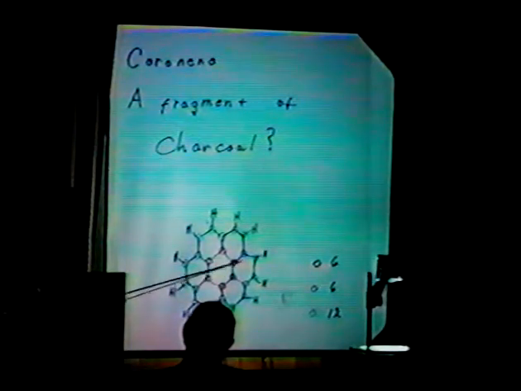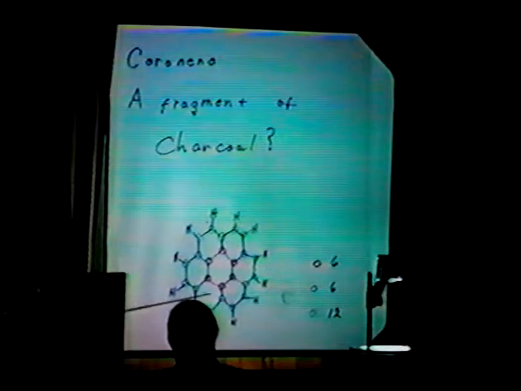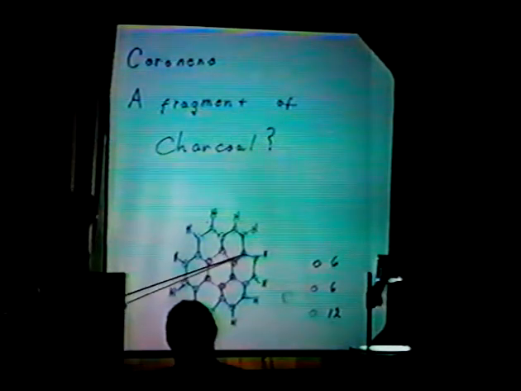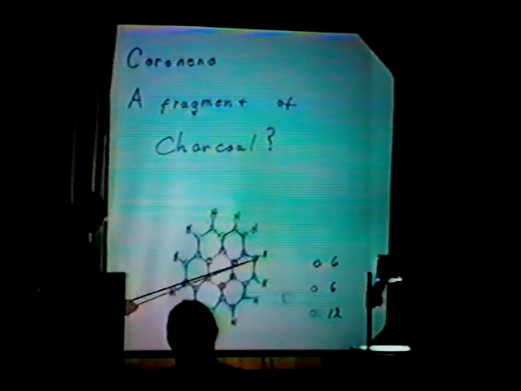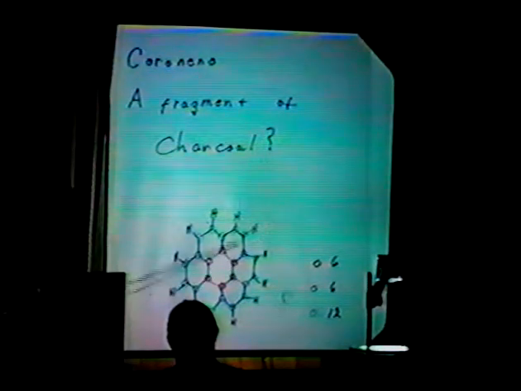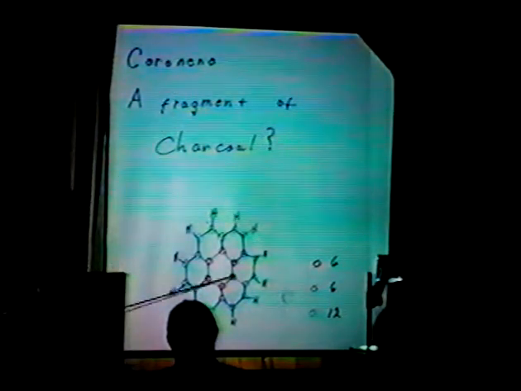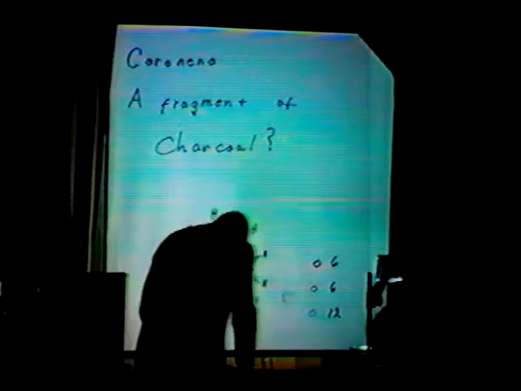If I'm going to say that the outside of the charcoal is 2 atoms thick, in other words, these belong to the outside of the charcoal ribbon, then in this model, coronene, I have an inside and an outside. So this is the model. This is a nice piece of charcoal that I'm going to look at in the carbon-13 NMR spectrometer.